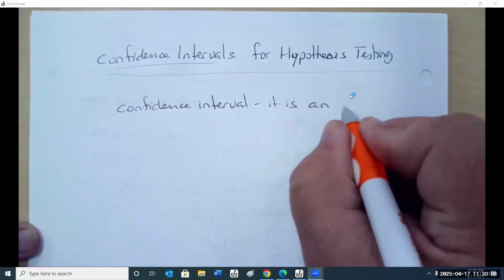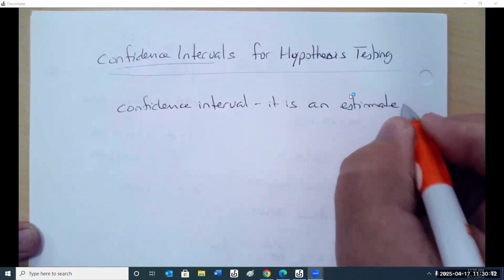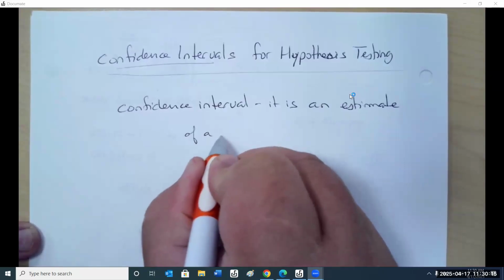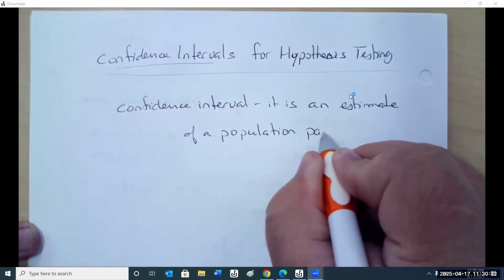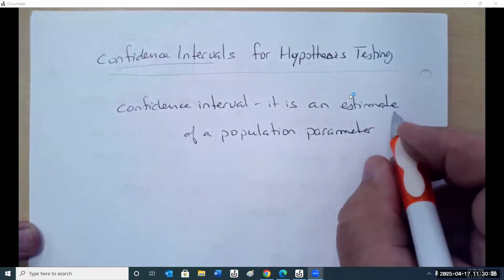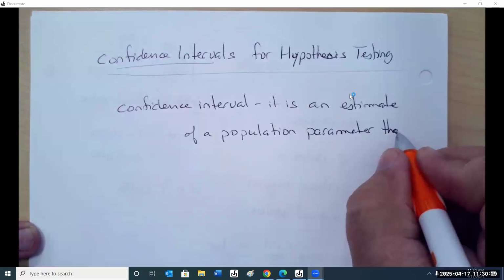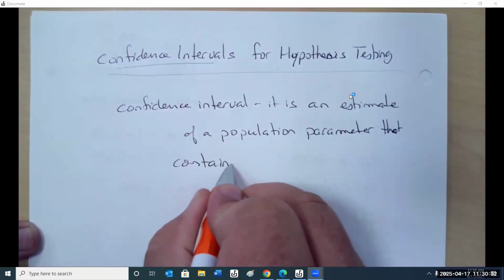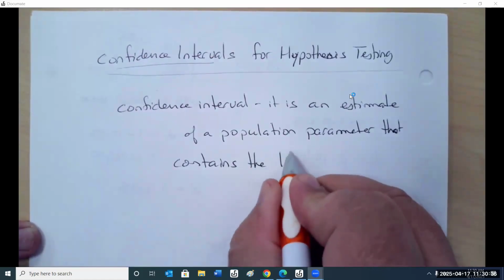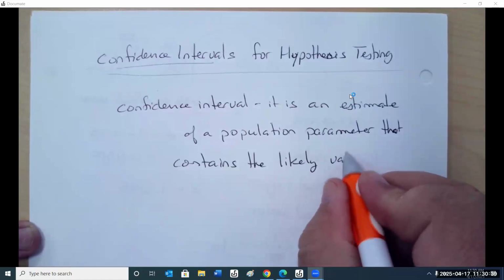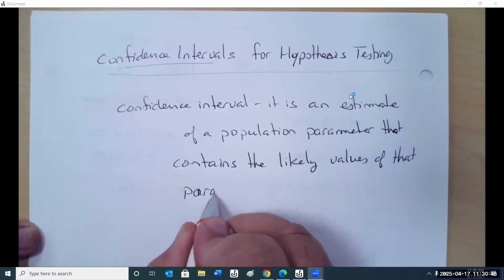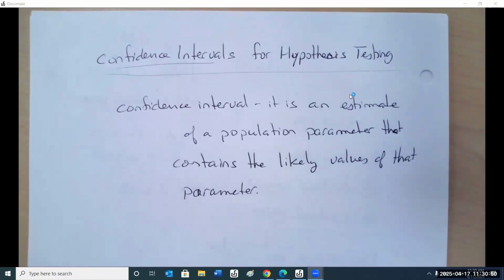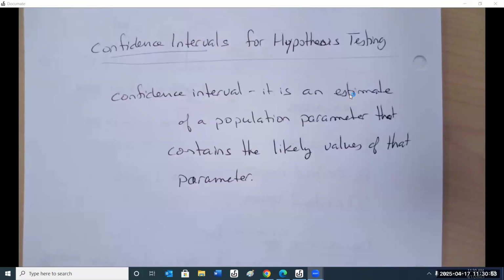It is an estimate of a population parameter that contains the likely value of that parameter. So what is that and how do we do this?